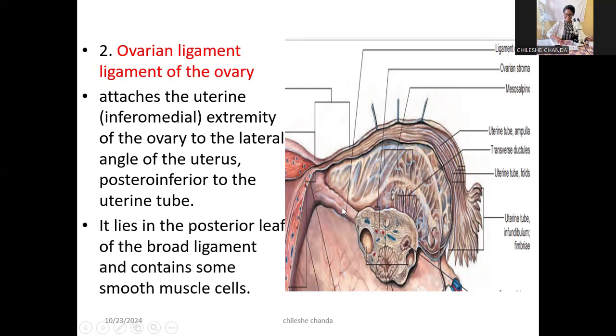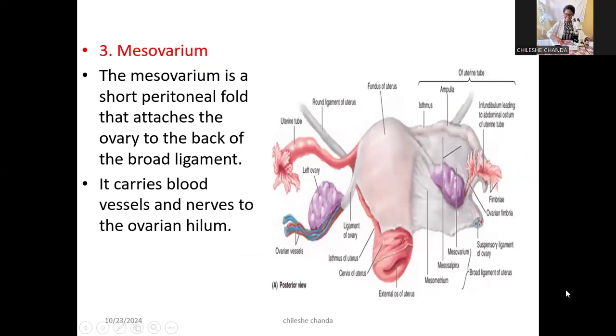So it goes and attaches it over there. This is the ovarian ligament. It lies in the posterior leaf of the broad ligament, of this whole broad ligament that covers the uterus, and contains some smooth muscle cells.